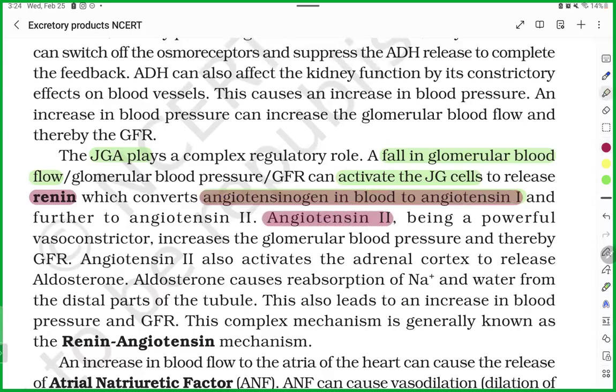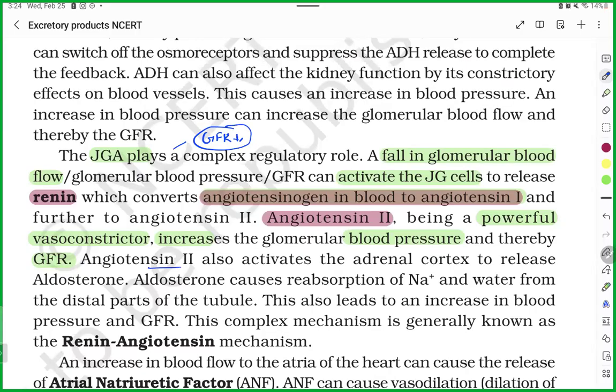This angiotensin 2 is a very powerful vasoconstrictor, means the blood vessel will constrict. If the blood vessel constricts, BP will be high, correct? Blood pressure will be high, GFR will be normal. So this JG acts when GFR is low. If GFR is low, then the JG system will act.